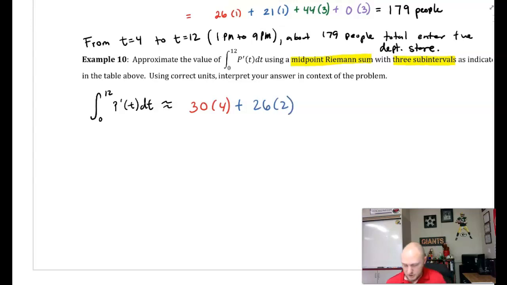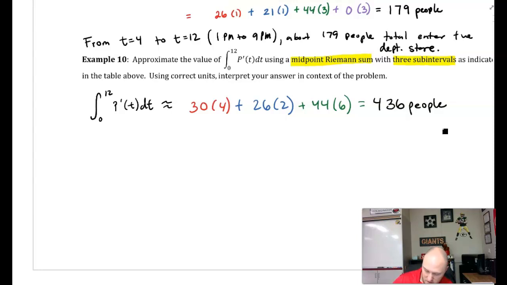So 26 times 2, plus 44 times 6. Okay, and this is going to be equal to, and you can just trust me on this one, 436 people. Because again, our rate is people per hour, and this is times hours. So 436 people. What does that mean in the context of the problem?